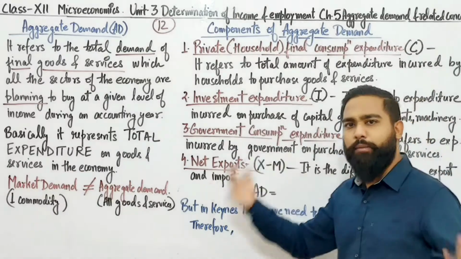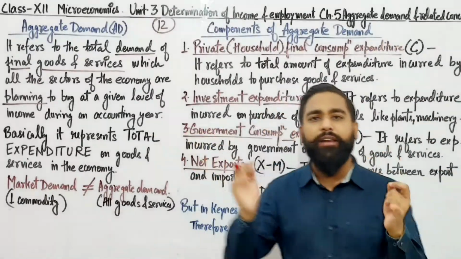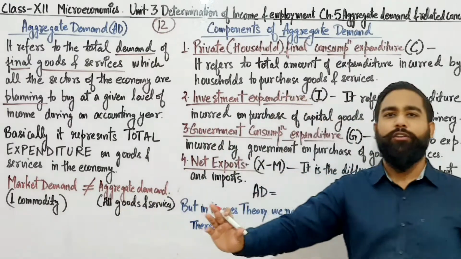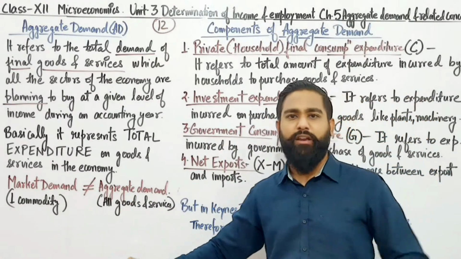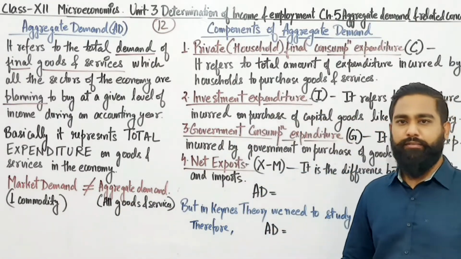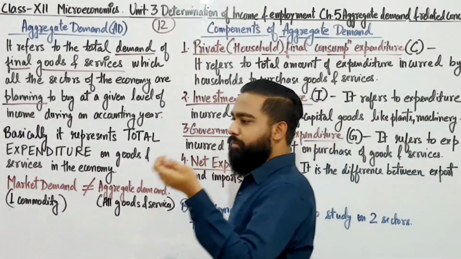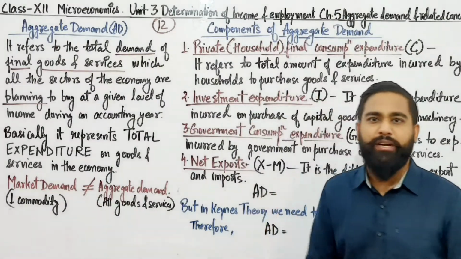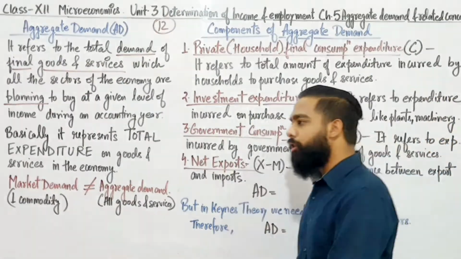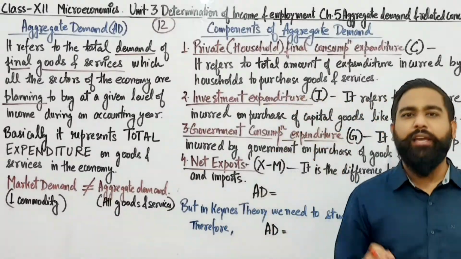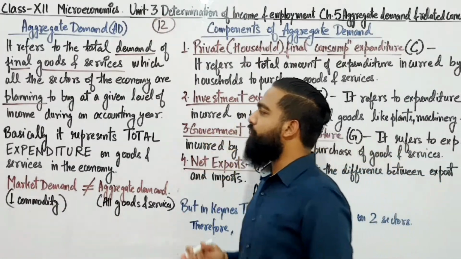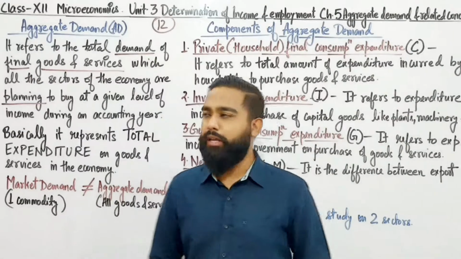It refers to the total demand for final goods and services which all the sectors of the economy, the primary sector, secondary sector, tertiary sector, household sector, government sector, all those sectors are planning to buy at a given level of income during an accounting year.